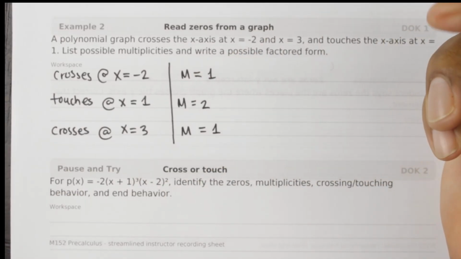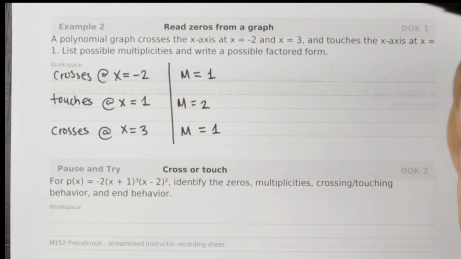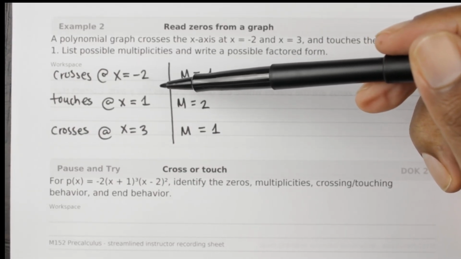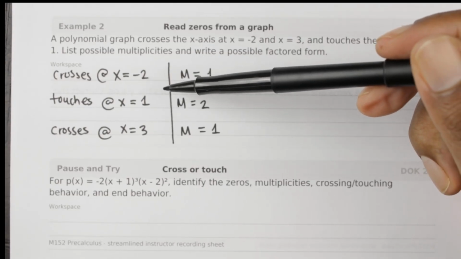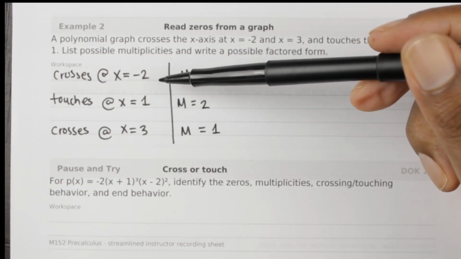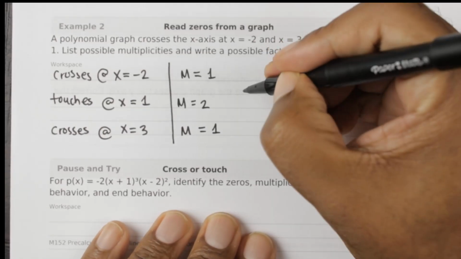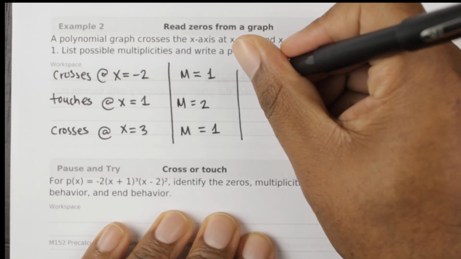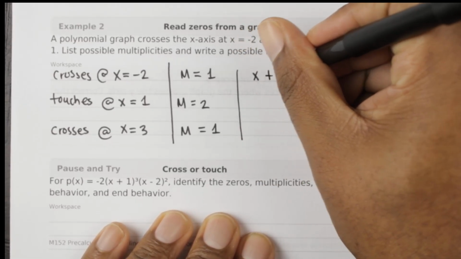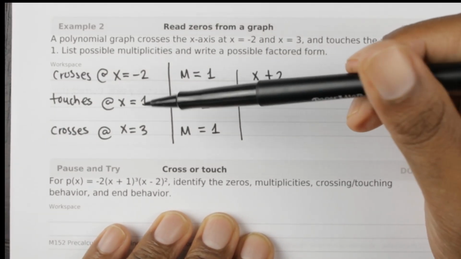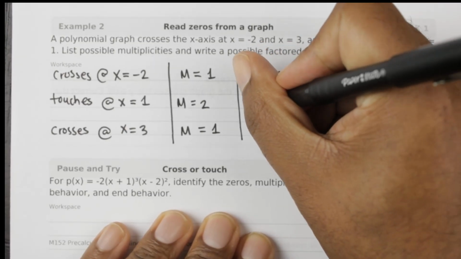Now, if x is equal to -2 is a 0, then the factor is x plus 2. If x is equal to 1, then the factor is x minus 1.